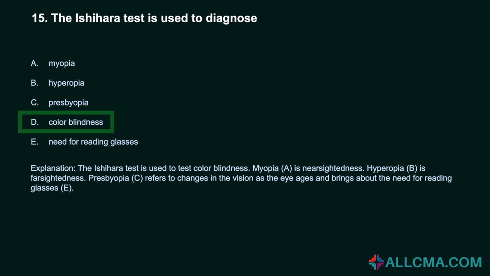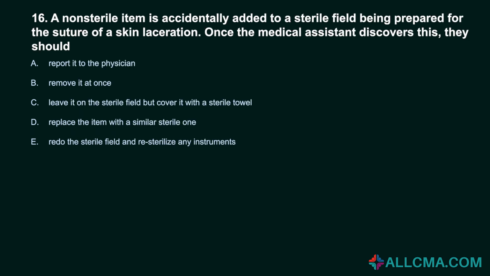Myopia, A, is nearsightedness. Hyperopia, B, is farsightedness. Presbyopia, C, refers to changes in the vision as the eye ages and brings about the need for reading glasses, E.